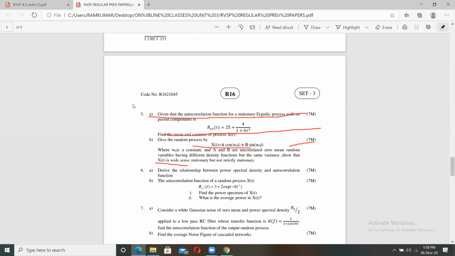This was the same problem I already mentioned in the last classes. Given that the autocorrelation function for a stationary ergodic process with no periodic components is R of tau equal to 25 plus 4 by 1 plus 6 tau square.